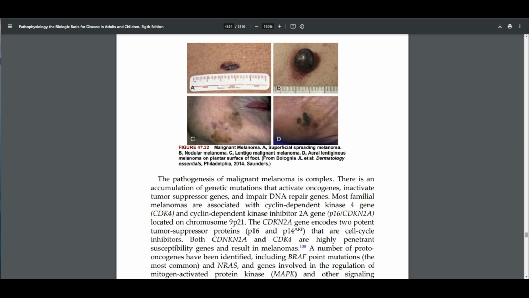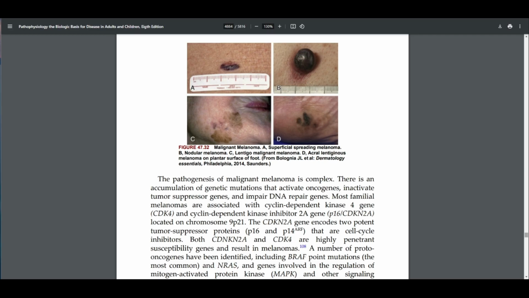The most familial melanomas are associated with the cyclin-dependent kinase 4 gene and the cyclin-dependent kinase inhibitor 2A gene, located on chromosome 9p21. The CDKN2A gene encodes two potent tumor suppressor proteins, p16 and p14ARF, that are cell cycle inhibitors.